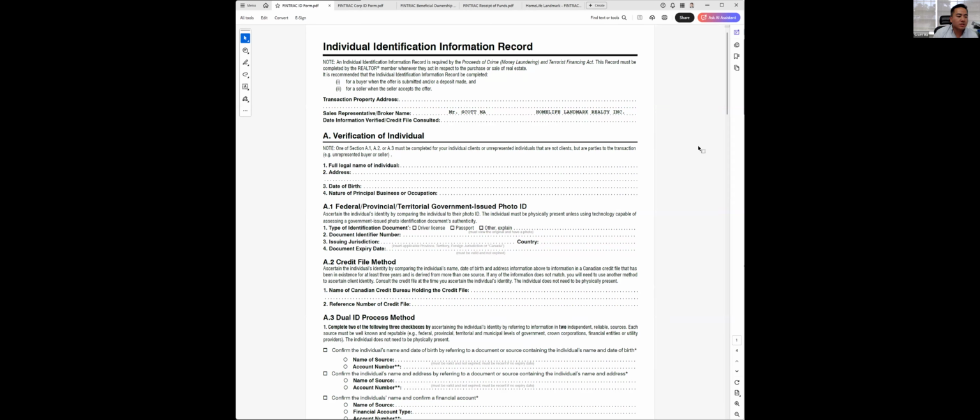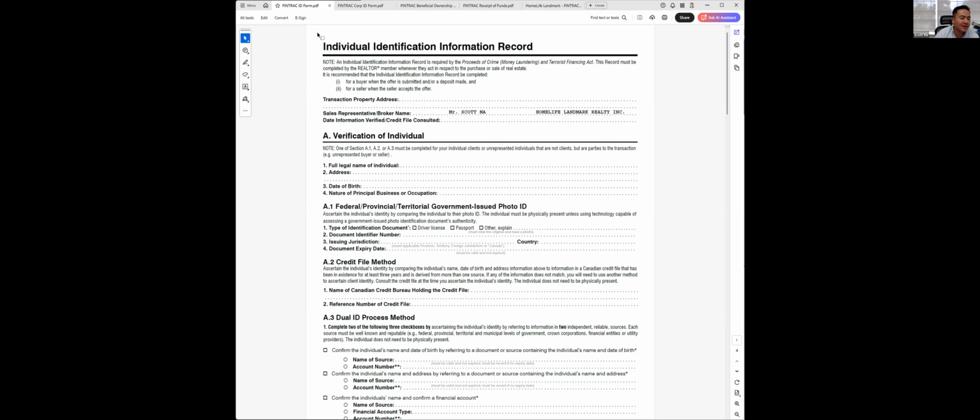I'm not going to go into that much detail for each form because everyone should already know this, and it's fairly self-explanatory if you read it carefully. These forms are all part of the web form templates that we have, or SkySlope, whichever system you use.